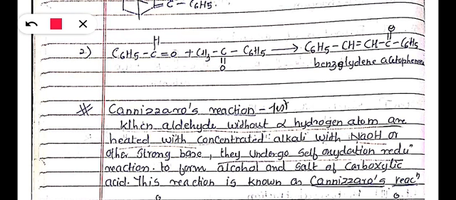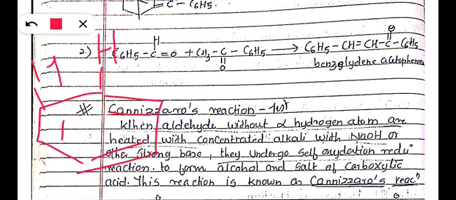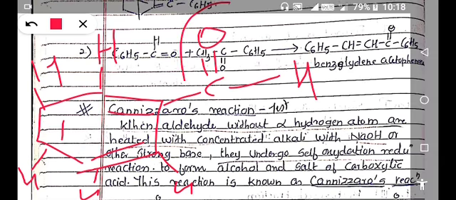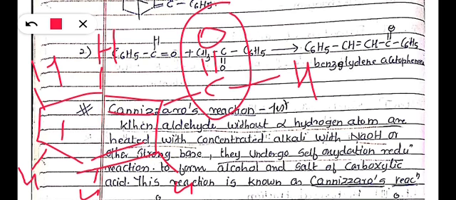Like if the molecule given is benzaldehyde, here is benzene attached with the aldehyde, having one hydrogen atom. Here there is also one, but it is attached to the carbonyl carbon. Which carbon atom is called the alpha carbon atom? The carbon atom adjacent to the carbonyl group, and the hydrogen on it is called alpha hydrogen.